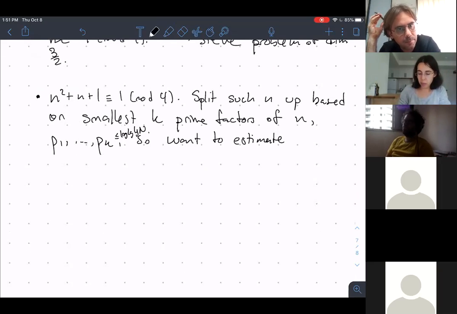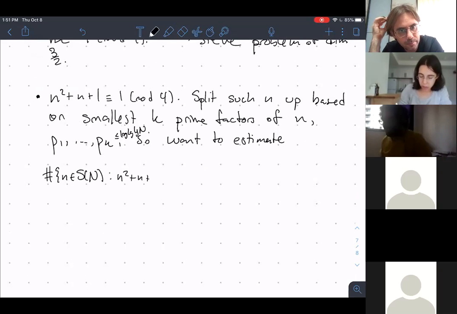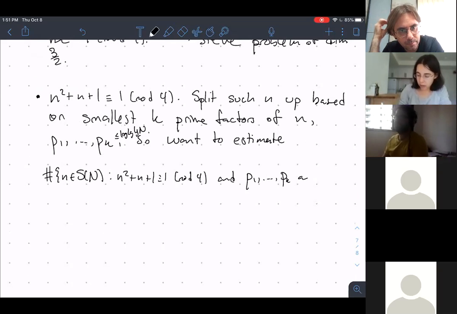So we'll want to estimate, for each of these k-tuples of primes, the number of n that are the order of a perfect difference set, such that n squared plus n plus 1 is prime that's 1 mod 4, and each p1 up to pk are the smallest k prime factors of n.